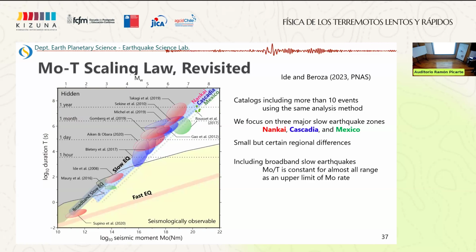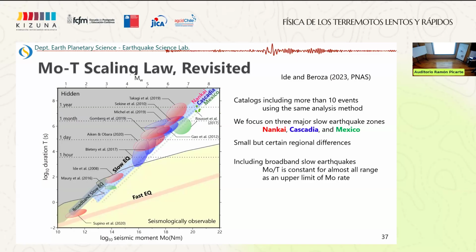We may say this is broadband slow earthquake, continuing from this scale to this scale. And also this part is filled with many recent observations about tremor clusters and also slow slip events. So we can understand that this moment and duration proportionality line is continuous from very small scale to large scale.